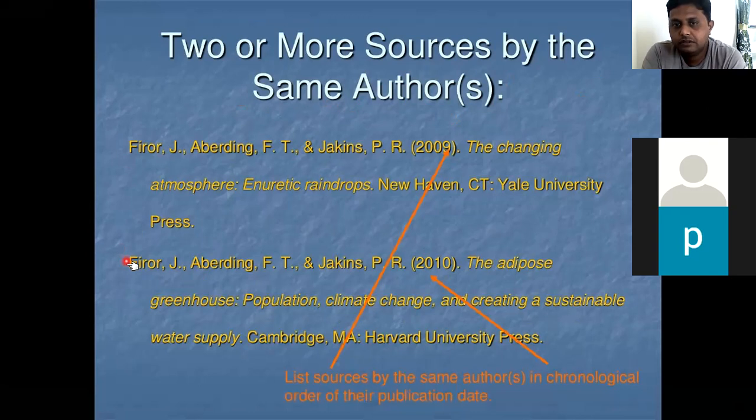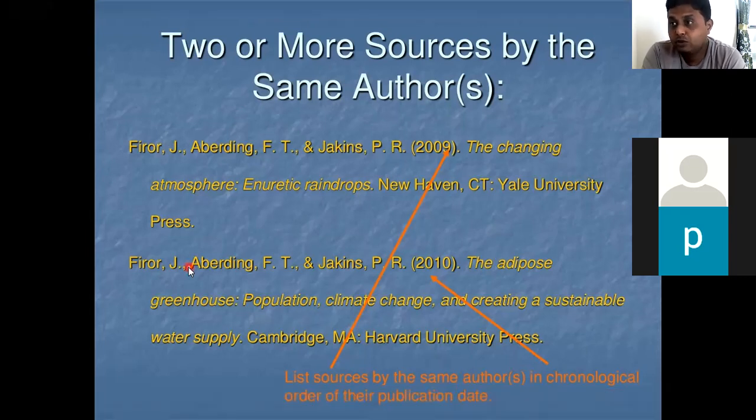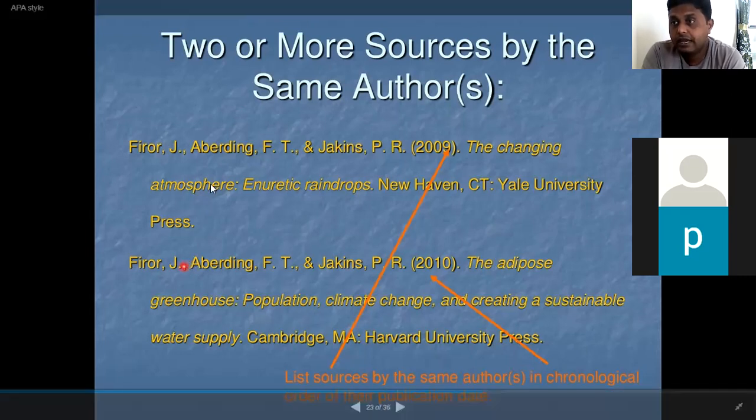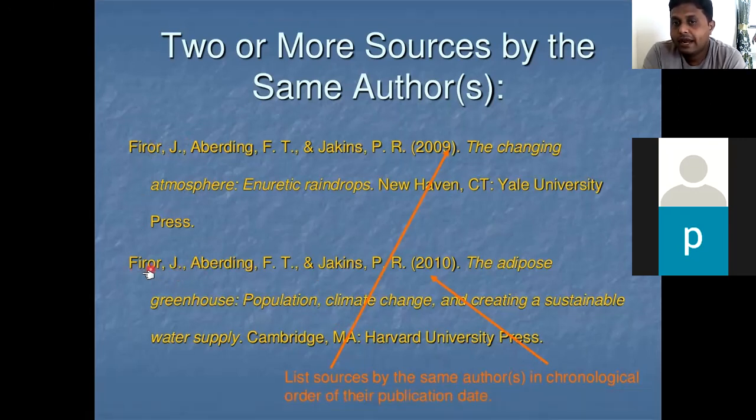In simple words, we use three dashes, straight lines. So we do not mention the name again. But in the case of APA, we have to mention the names again and again. See, this text is also by the same author, but APA expects us to write the name once again.